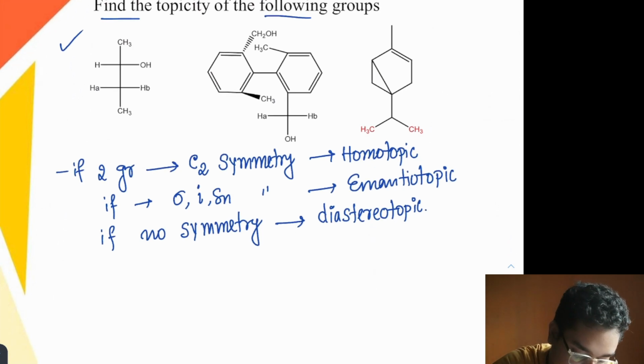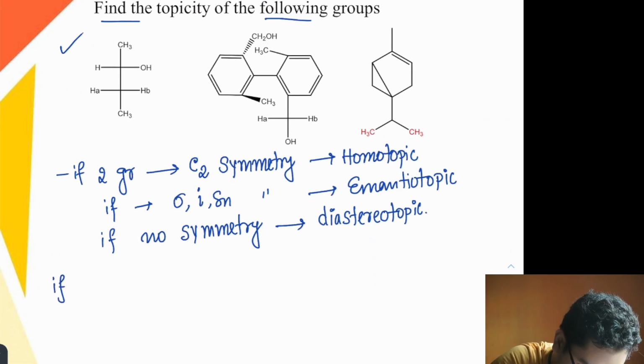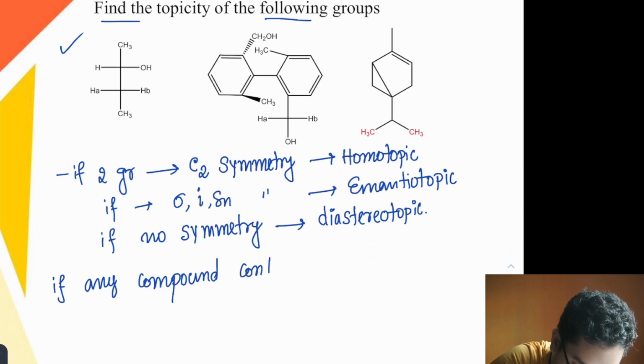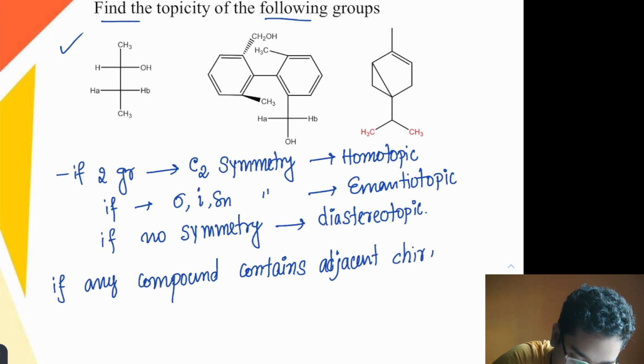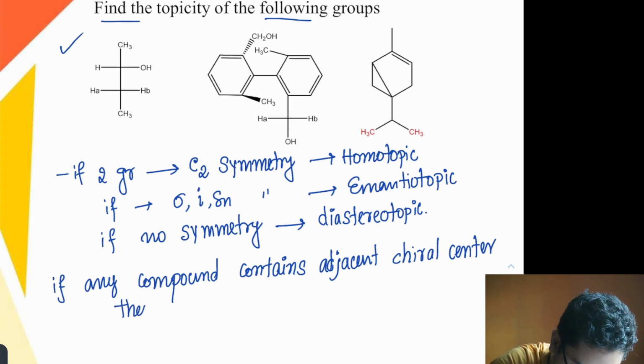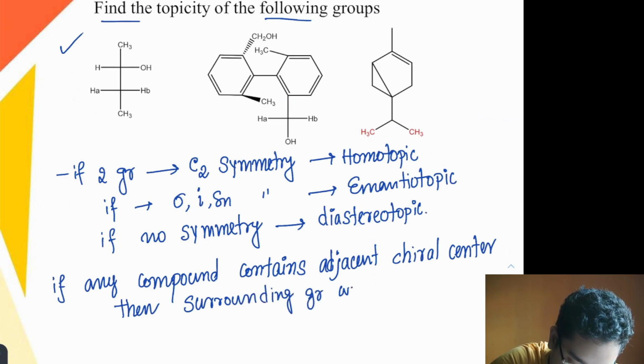And another thing is, if any compound contains an adjacent chiral center, then the surrounding groups will be diastereotopic.